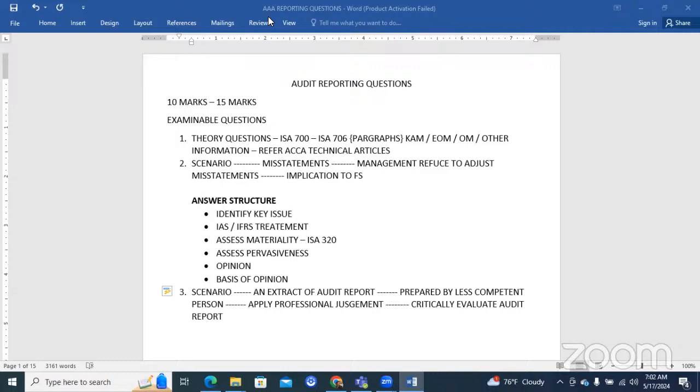Take the facts and mistakes, put in your judgment and your standard competency, and evaluate. That is what is expected here. When we are doing this type of question, again, there is an answer structure that we should follow.